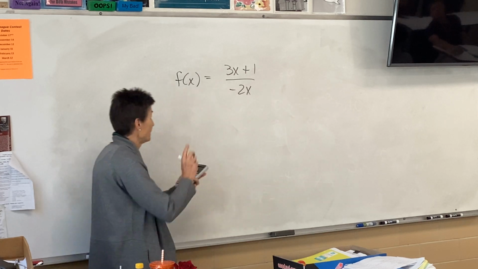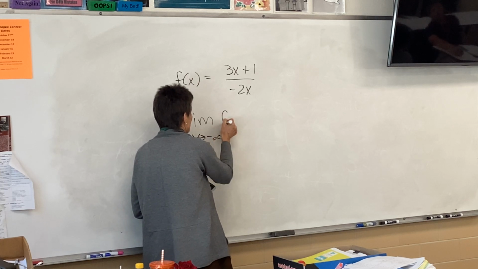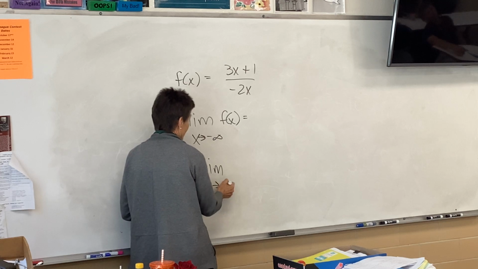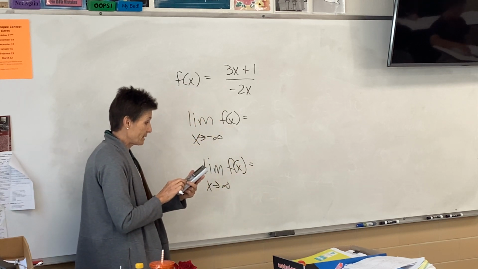Because we're finding the limits. We want to know what happens as we go off the page or off the screen. What's happening? So let's graph it and see what we get.